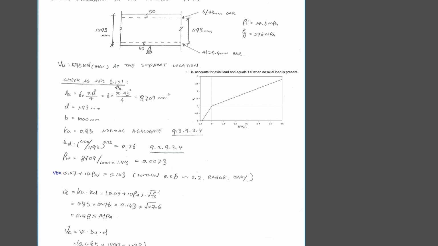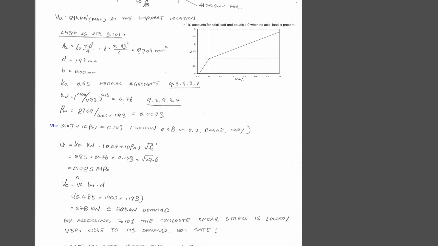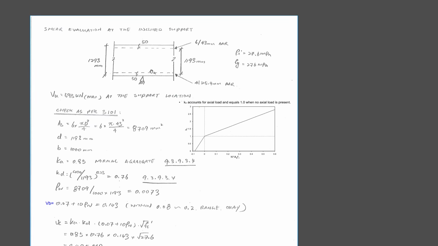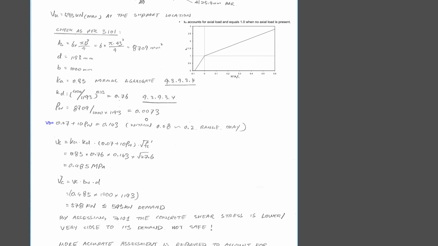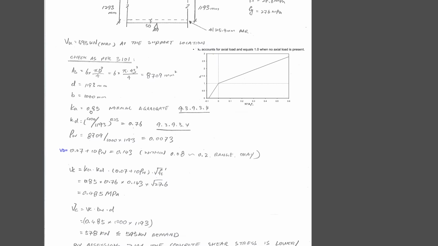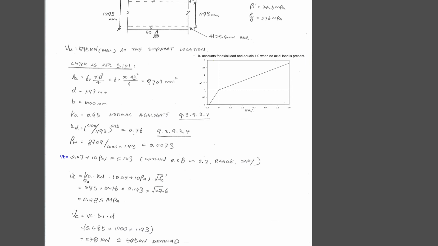Following the 3101 approach, there are two components to design for shear. One is the contribution of the concrete, another is the contribution of the steel. Since we have no steel here, we'll just use the contribution of the concrete, which is the small vc here. For small vc, we use the Ka factor, Kd factor, and Vb factor here.